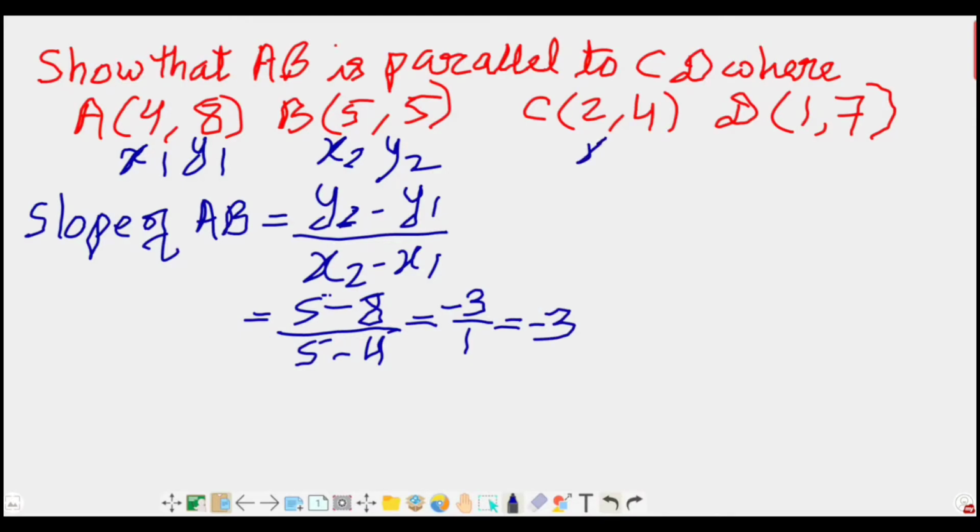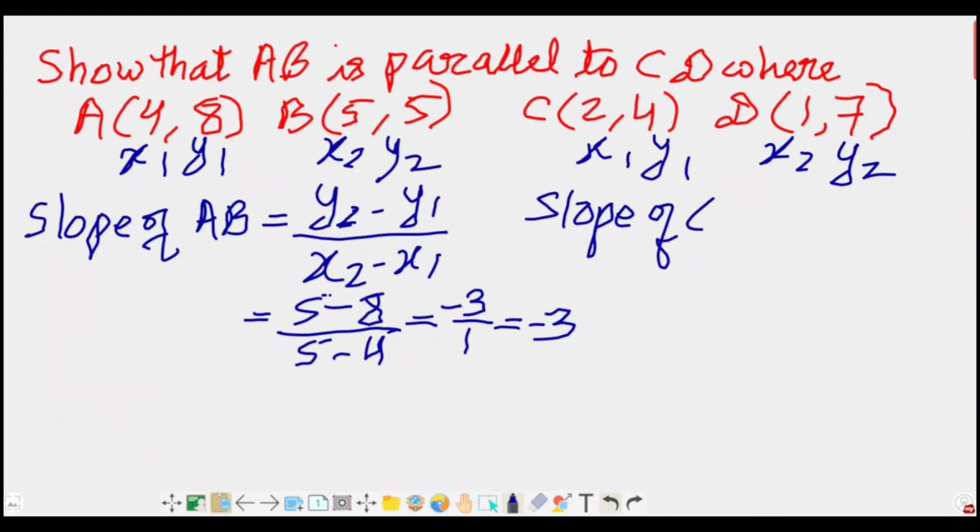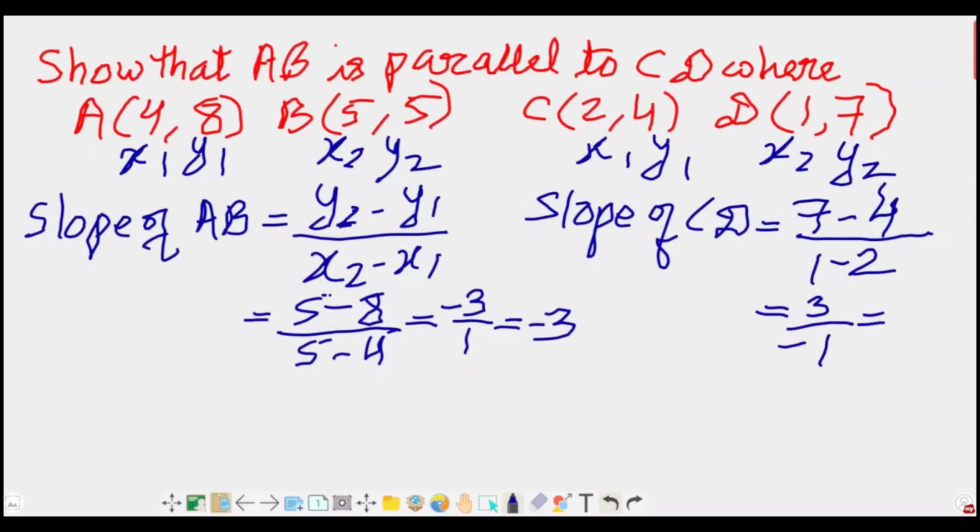Same way, you can consider this as x1, y1, this as x2, y2. Exactly the same way, now you can calculate the slope of CD. Again, no need to write the formula. Now, 7 minus 4 upon 1 minus 2. That will give you 3 upon minus 1, which is equal to minus 3 itself.